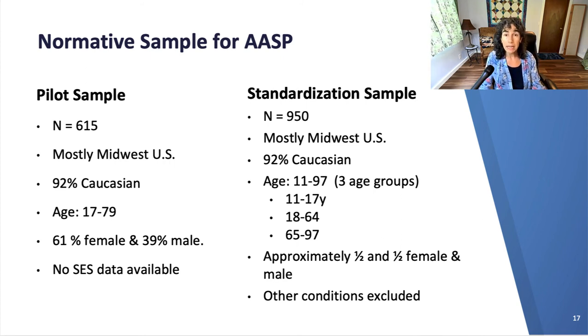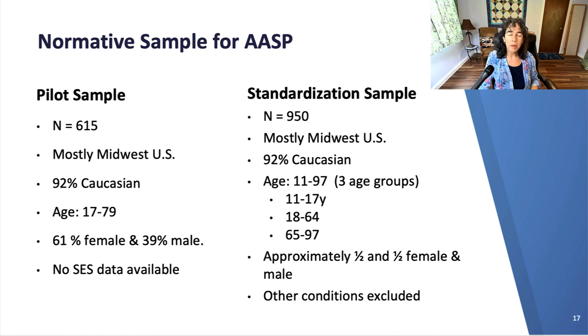The standardization sample was 950 folks, same Midwestern, Caucasian. They divided it into three age groups, which is interesting because now we're looking more at adolescents, young and middle-aged adults, and then older adults. Approximately half female and half male, and no non-binary as a label in 2002. And they excluded other conditions.